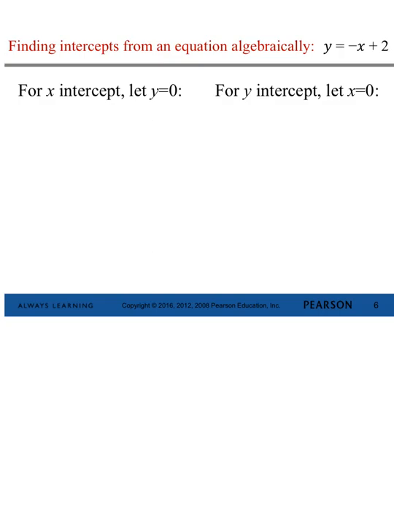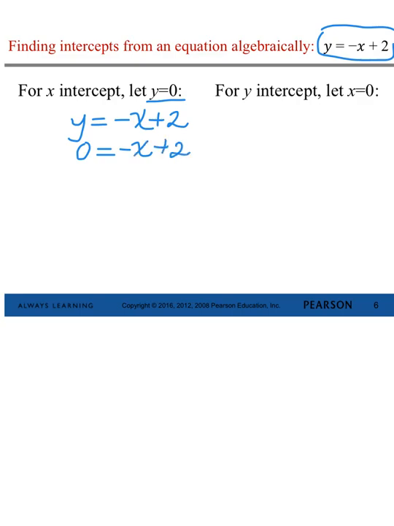So in order to find algebraically the x and y intercepts of y equals -x plus 2, to find the x-intercept, we're going to let y be 0. So I substitute the number 0 for y, and 0 equals -x plus 2.